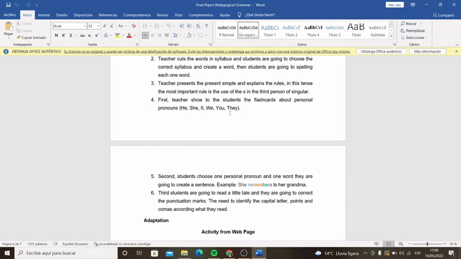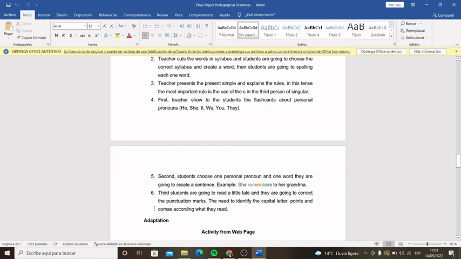For example, she remembers her grandma. In this example, students use the structure of the present simple, the s, because we have the third person. This is she.